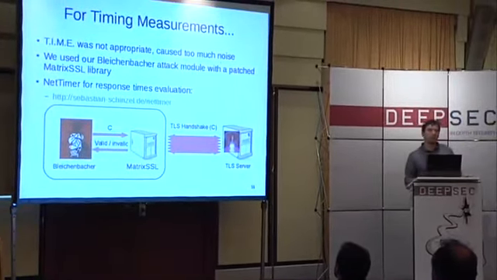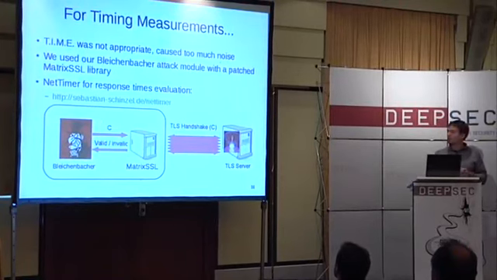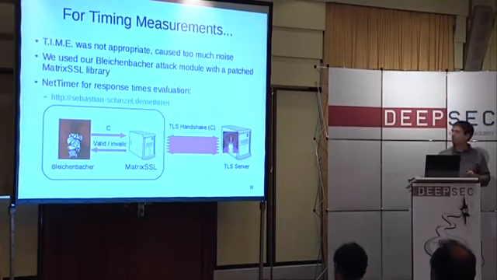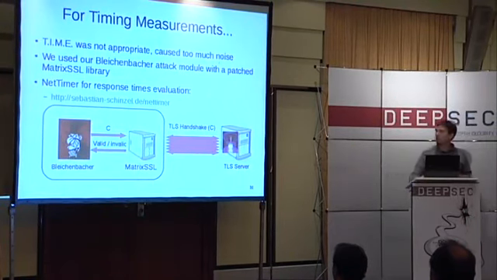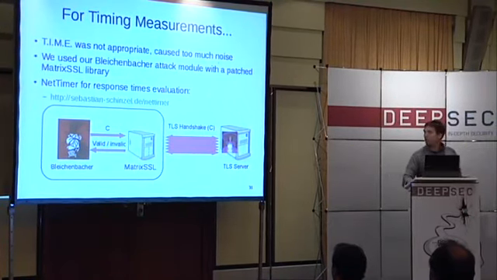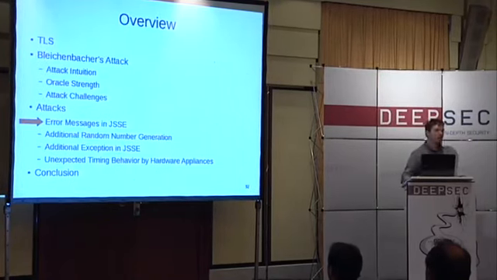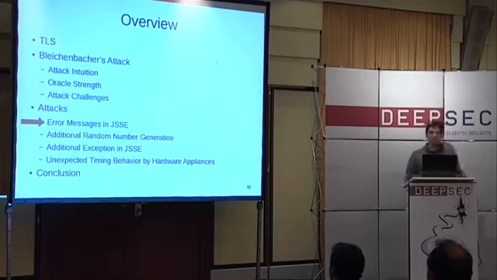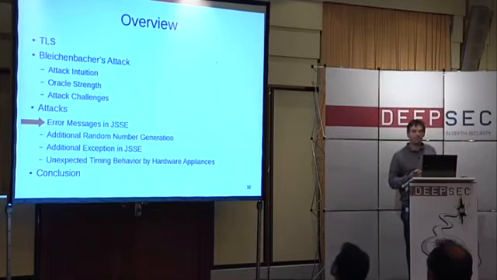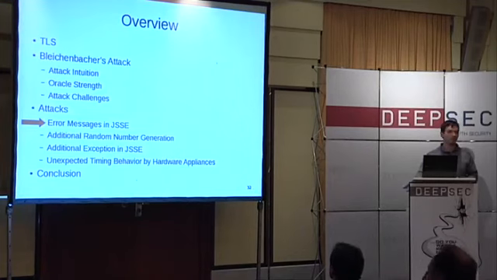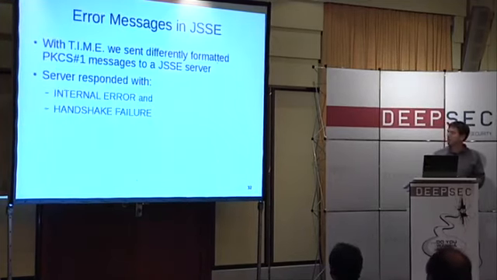And we distinguished valid from invalid response times based on the NetTimer library written by Sebastian Schinzel and his students. Okay, so we have some prerequisites now. Let's come to the interesting part, the attacks and the side channels.